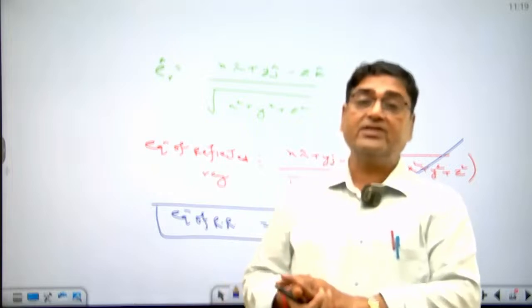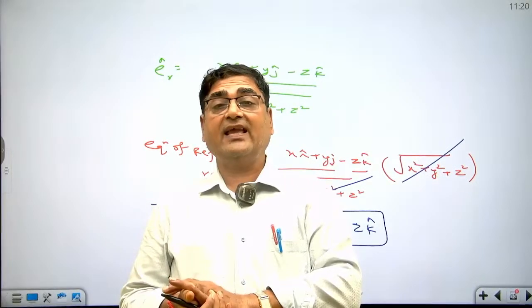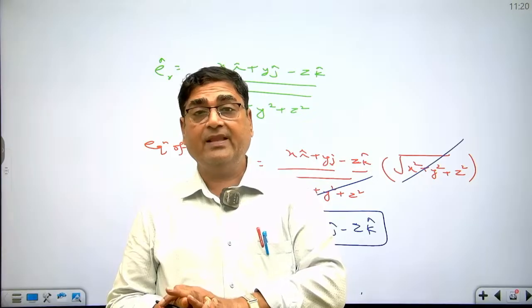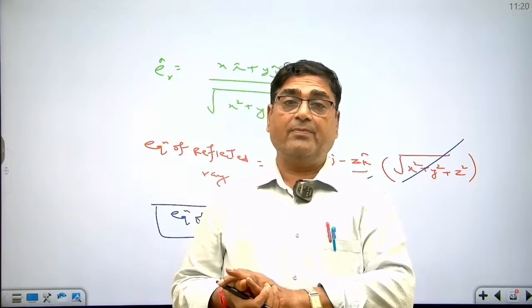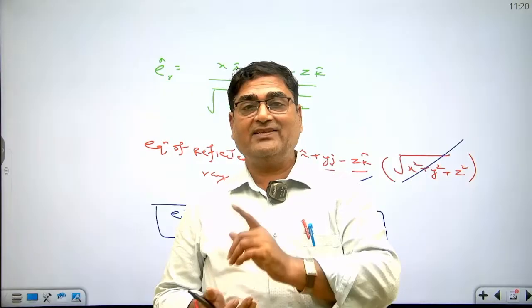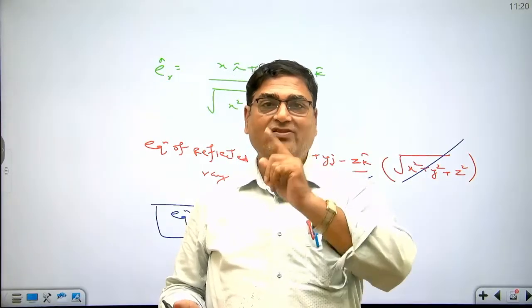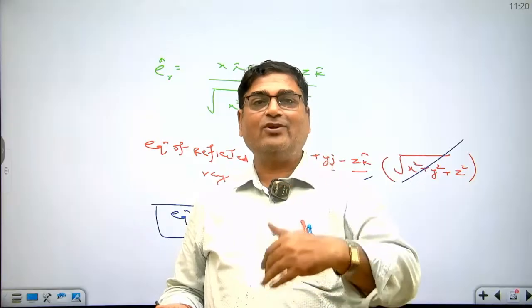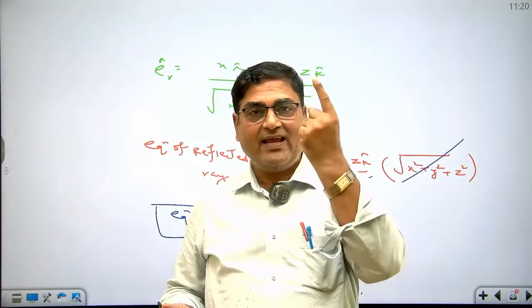So if the incident ray is x i cap plus y j cap plus z k cap, the final reflected ray in the case of three perpendicular plane mirrors will become minus x i cap minus y j cap minus z k cap. The three mirrors make the ray anti-parallel. This is a very important phenomenon.